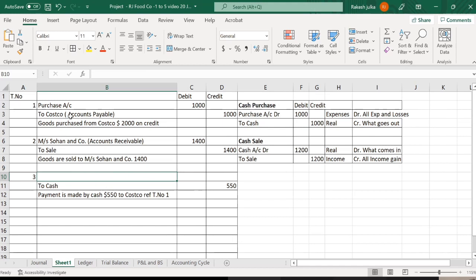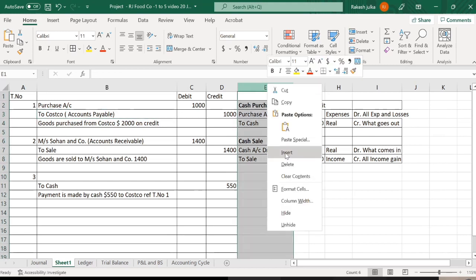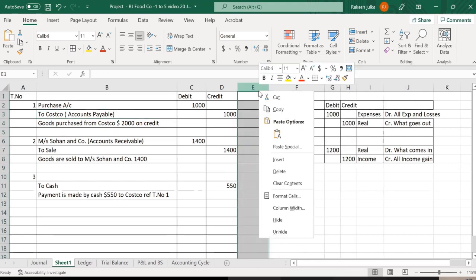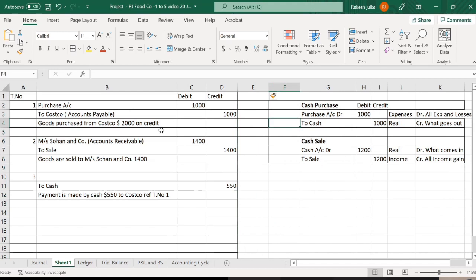Here, Costco is a personal account, and we know the rule of personal account, right? In this case, credit the giver. And here I'm going to write who will receive this money. Costco is going to receive this money, and I will be writing here Costco.